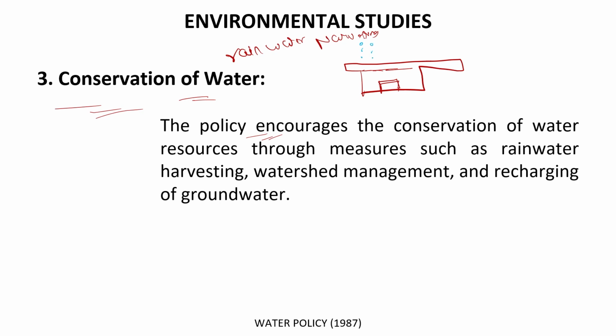Whenever the rain comes, the roofs are designed so that the water accumulates on the rooftop. Then there is a pipe connected with the rooftop and going to a well.